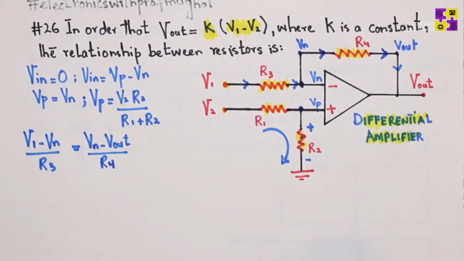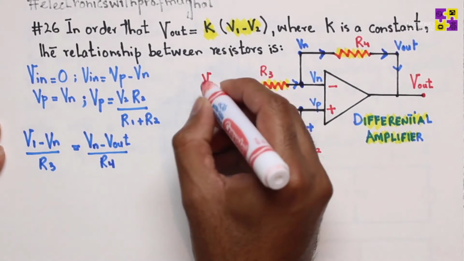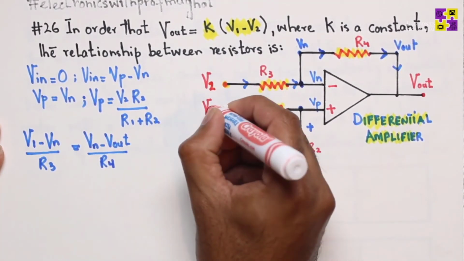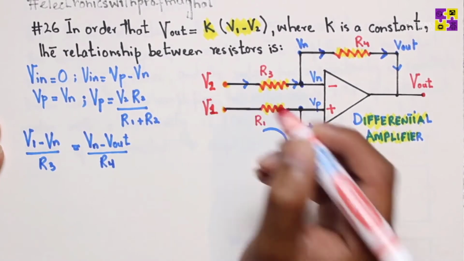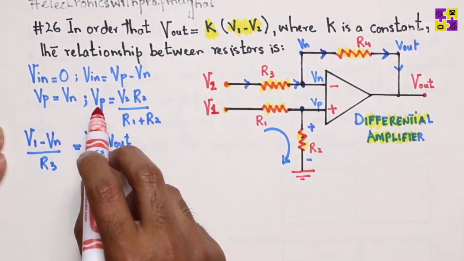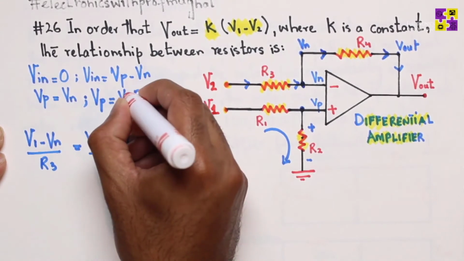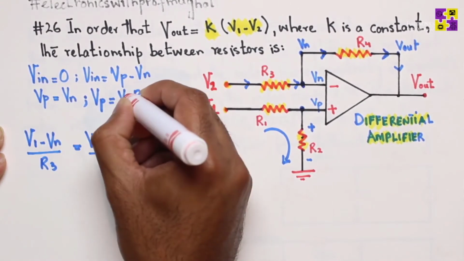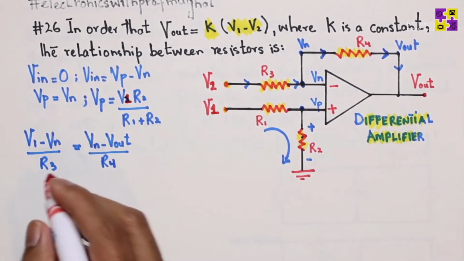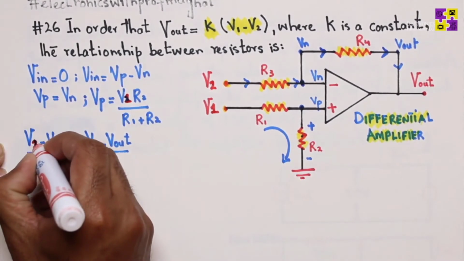Now, just to correct a few things, I just looked at the problem. This is V2 and this is V1 right here. So V2 here, V1 here, which means this right here will be V1, not V2, and which will also mean this will be V2, not Vn.